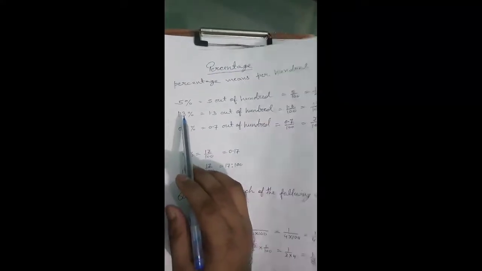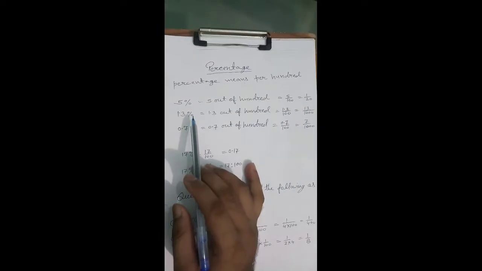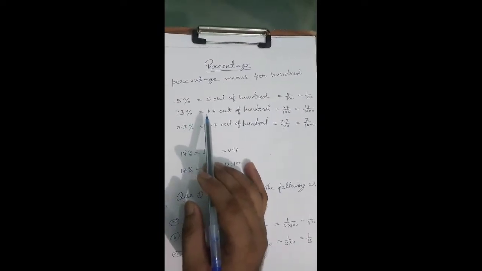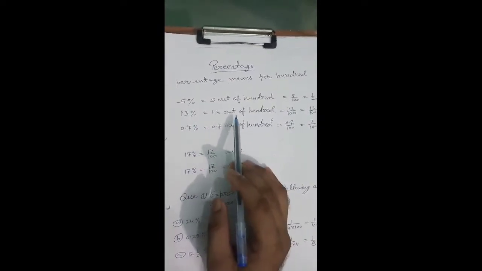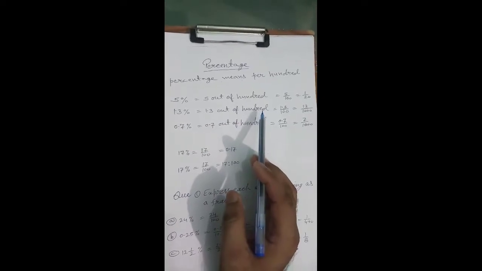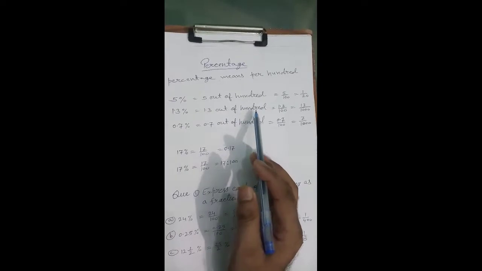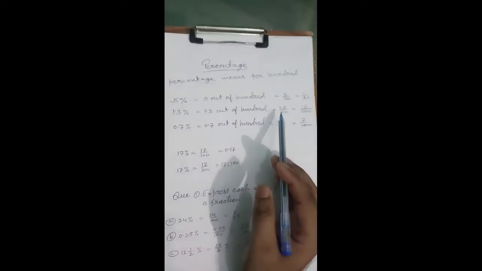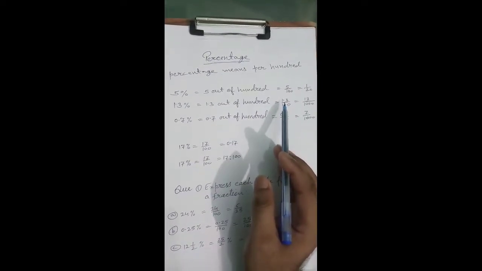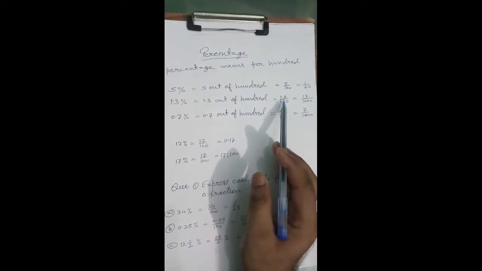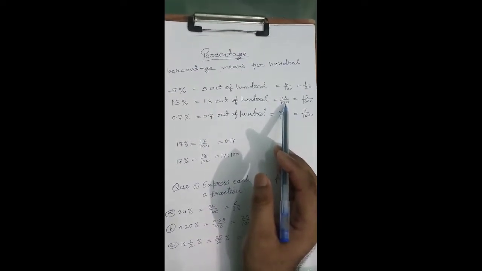Similarly, if you say 1.3%, so children, 1.3% means 1.3 out of 100. And how will you write it? 1.3 out of 100 means 1.3 upon 100.